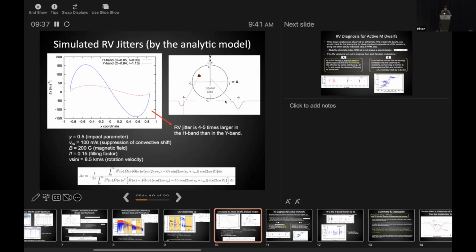The X-axis is perpendicular to our line of sight and also the stellar spin axis. As you can see, the alpha jitter amplitude is about 4 to 5 times larger in the H band than in the Y band. So the difference in the line depth ratio can at least partly explain the large alpha jitter observed for K233 in the H band.